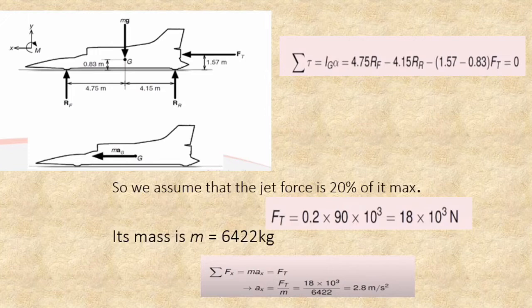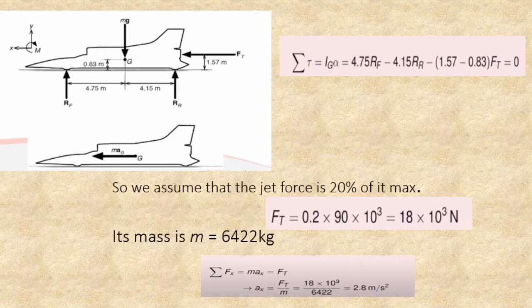Then we have negative mg, which is the weight of the car acting downward in the negative y direction, and this equals 0 as there is no movement in the y direction. The only movement is in the x direction.